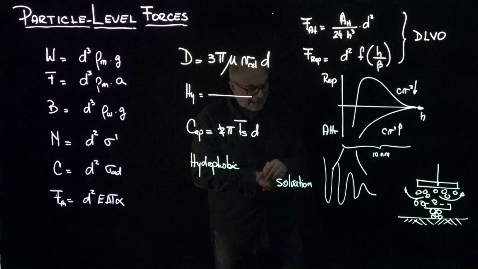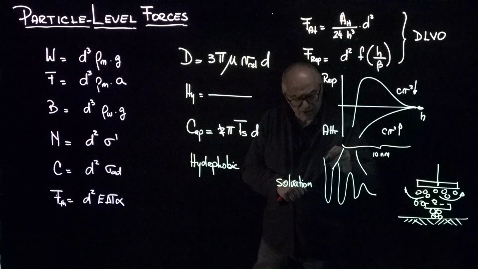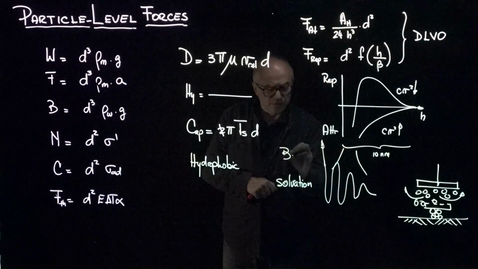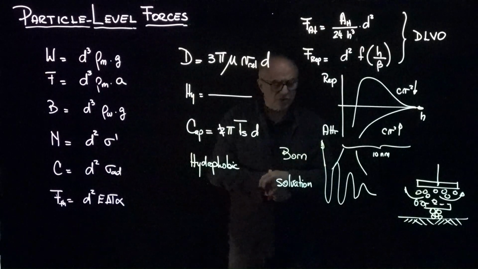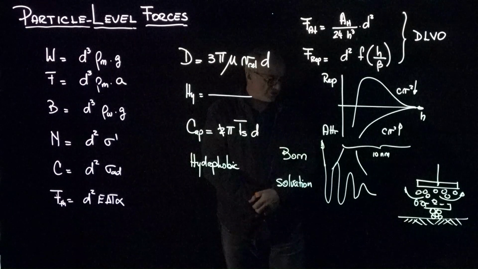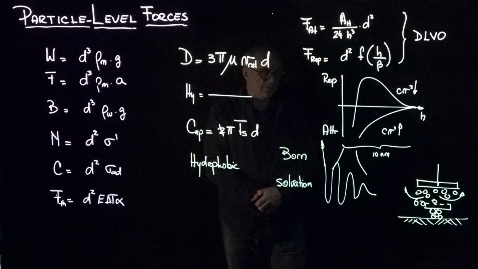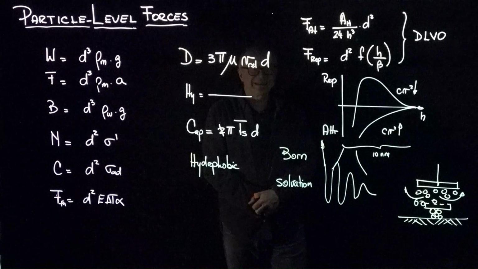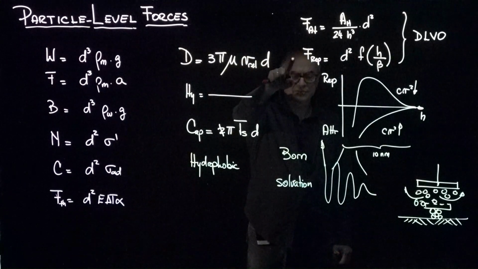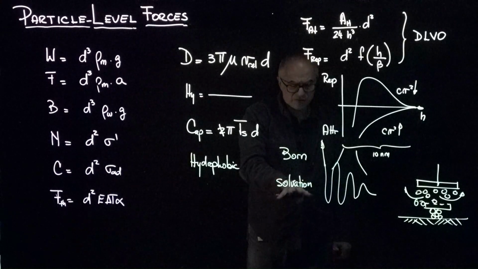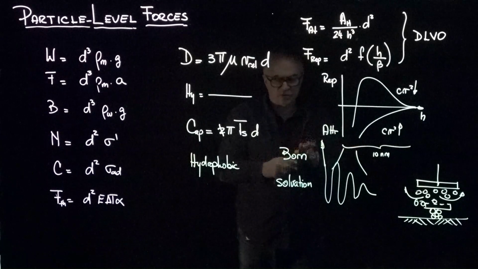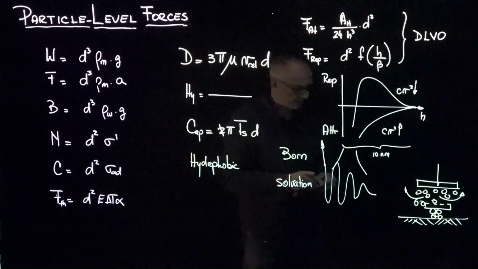And so when that happens, when it is very close now, this force really kicks up, and this is called the Born repulsion, when you actually see the van der Waals radius of each atom. To summarize the electrical part, we have the van der Waals attraction, the double layer repulsion, solvation forces, and the Born repulsion when you have mineral to mineral contact.